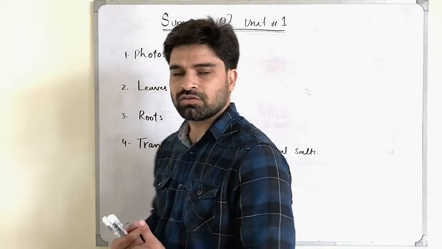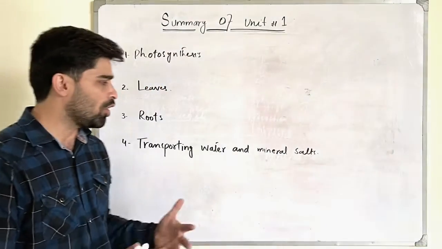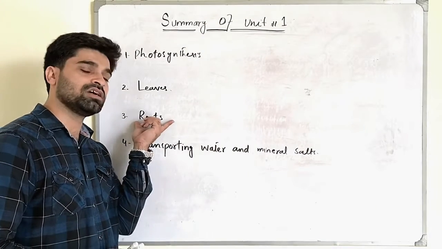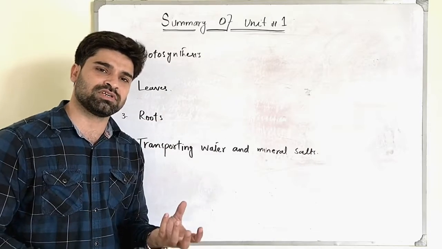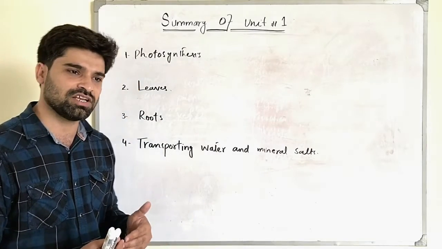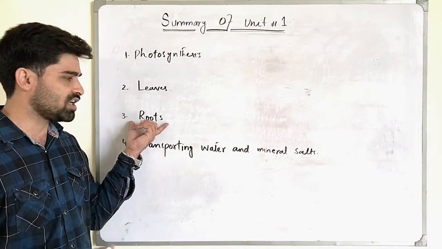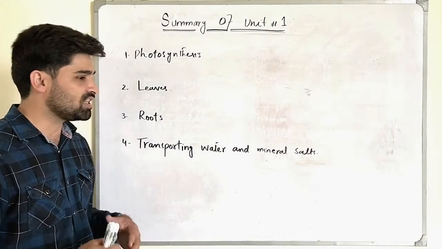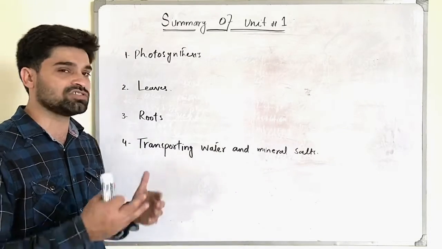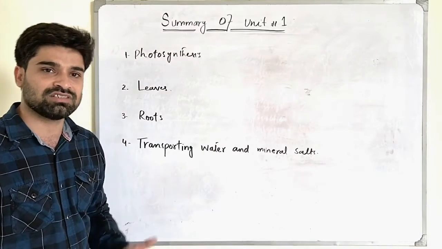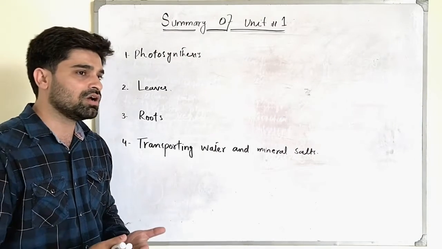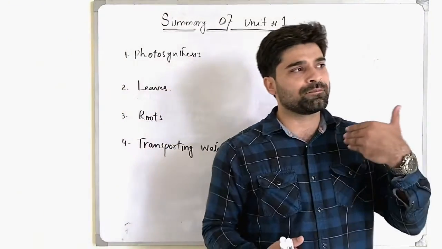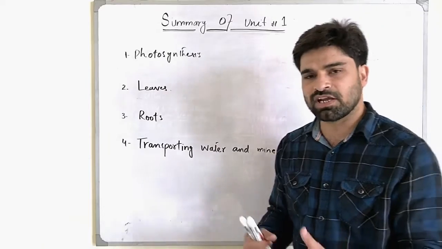In that lesson, we studied how the water absorbed by the roots, and roots have tiny root hair cells around them, and those root hair cells absorb the water through osmosis, and that absorbed water needs to be transported to the other parts of the plant, the aerial parts of the plants. That should go to the leaves, to the stem and branches.